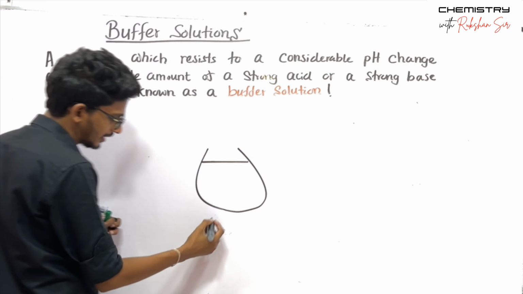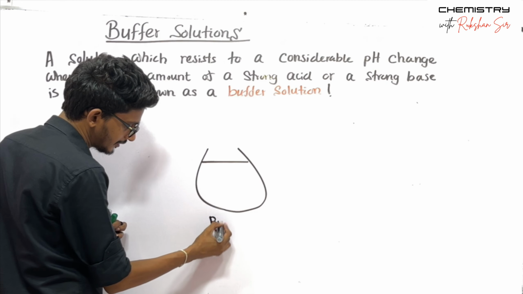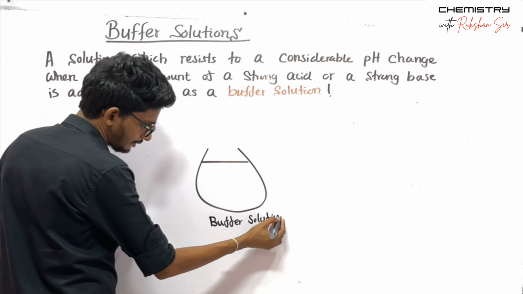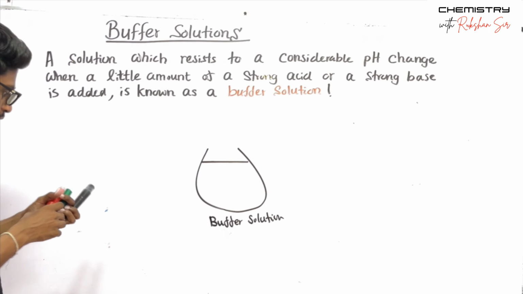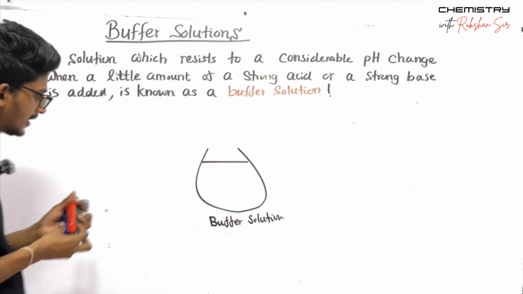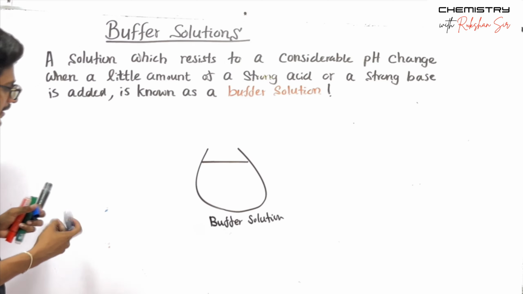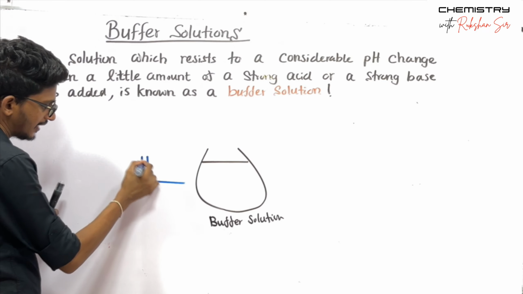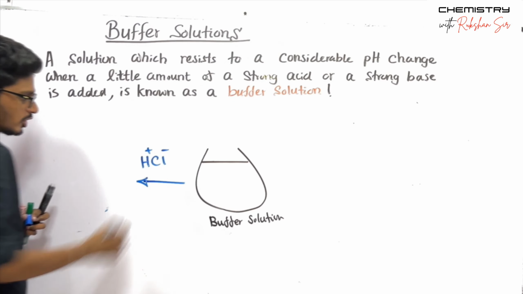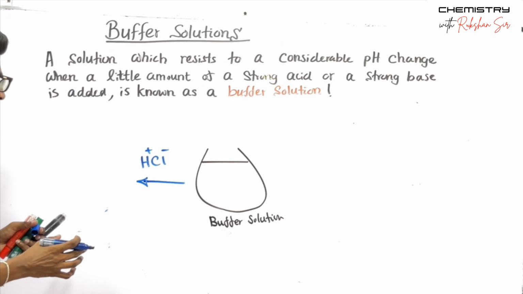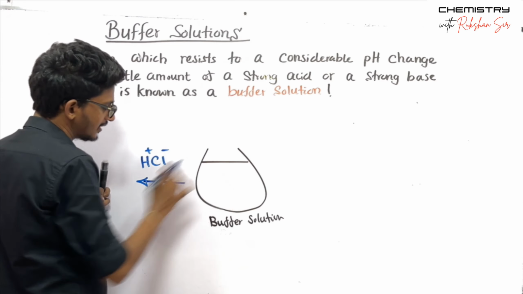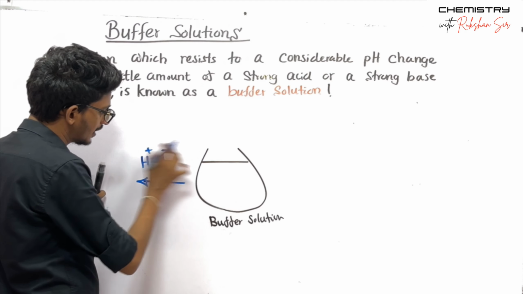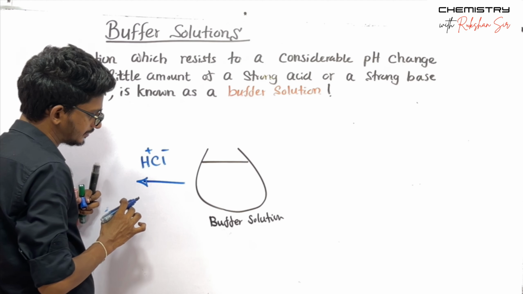So if you are to observe a negligible pH decrease when you add some HCl, the buffer solution should contain some base here to neutralize this H plus you are adding.